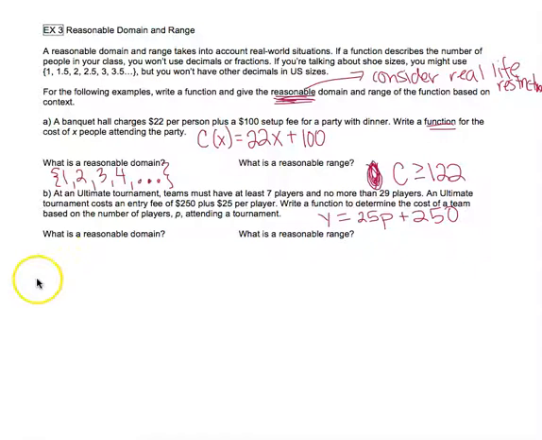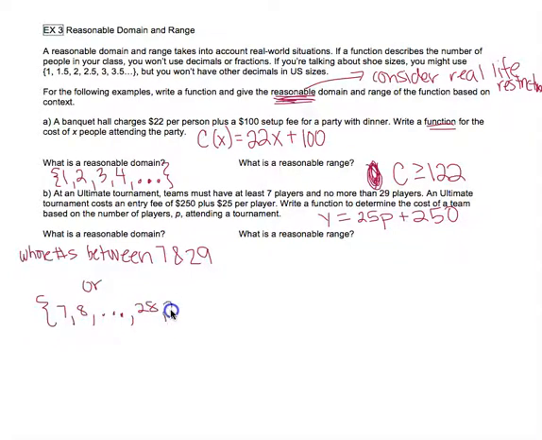So the way that you could write this is you could say domain is whole numbers between 7 and 29, or you could write them out, 7, 8, dot, dot, dot, 28, 29, all the way up to the other end.